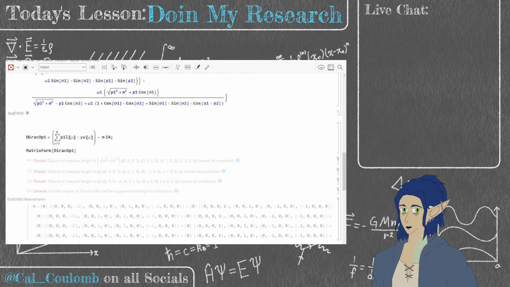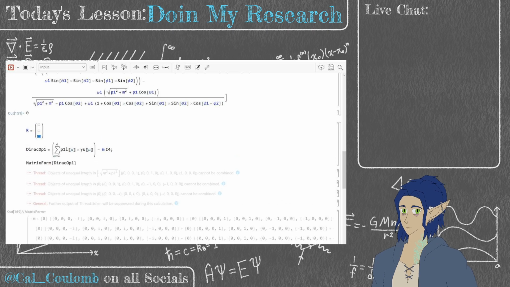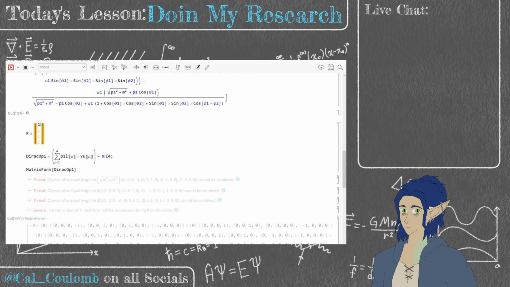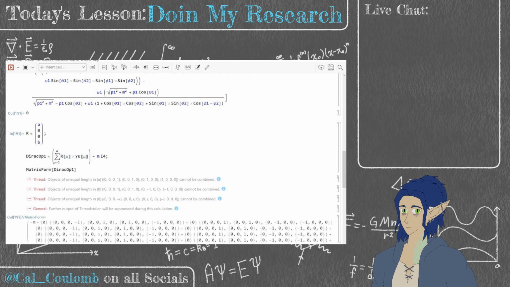So let me just try something. Just make it a random vector. In fact, why don't I make it A and B, rather than 1 and 2. Make this R mu. Okay, so it still has that issue.